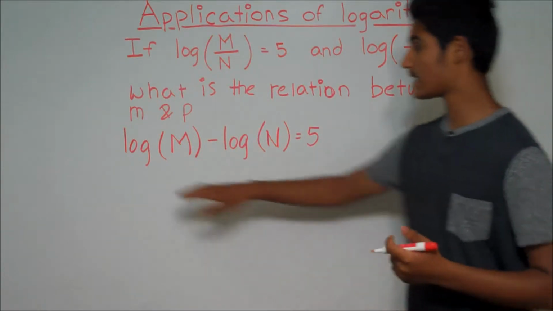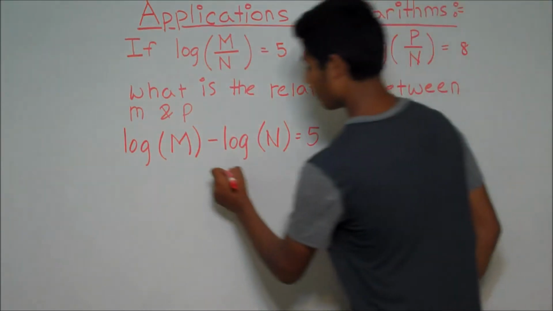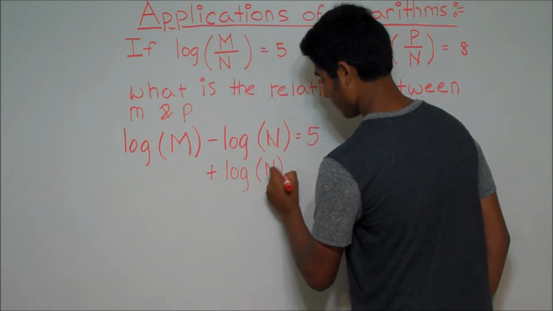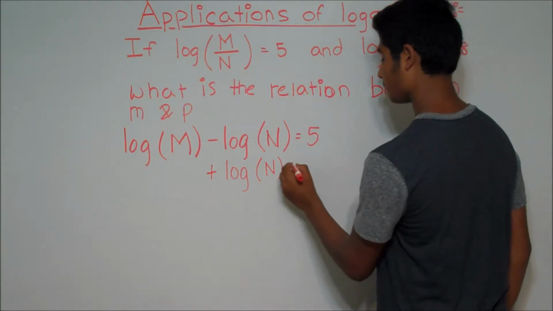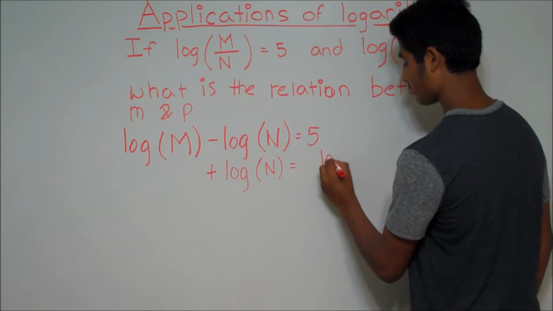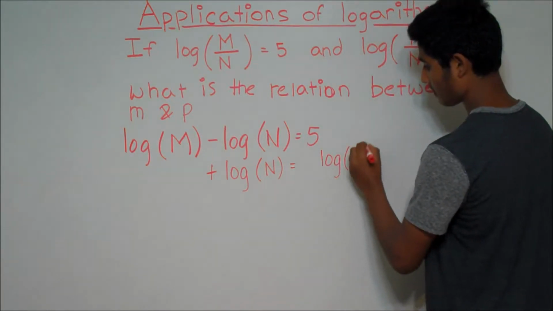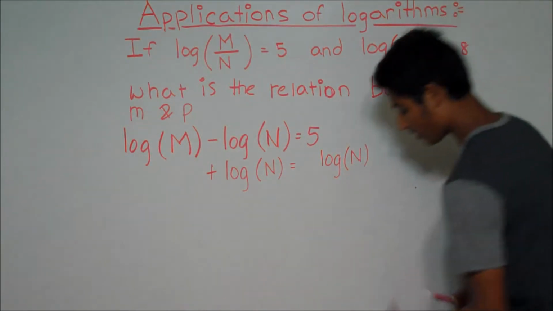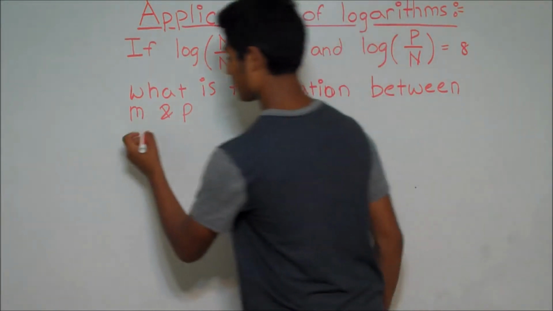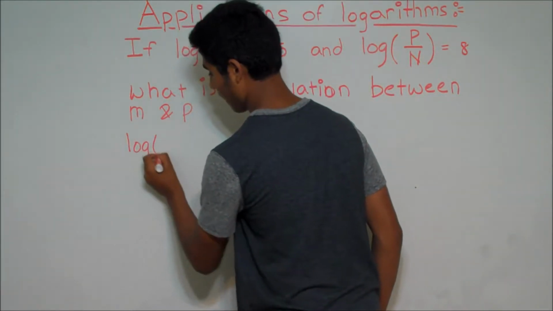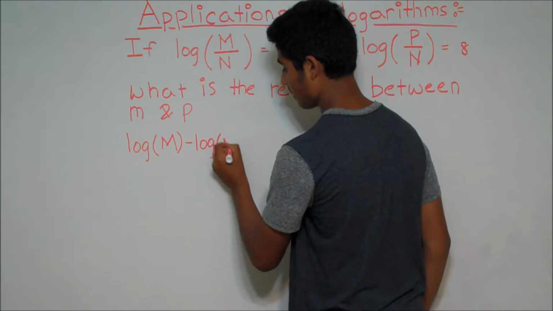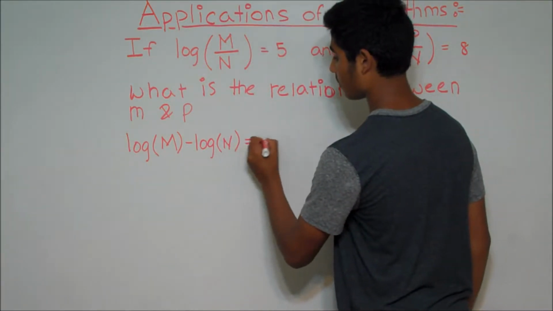So now, let's get log m on one side. Let's write this smaller so we have space for other stuff. So this is the same as log m minus log n is equal to 5.